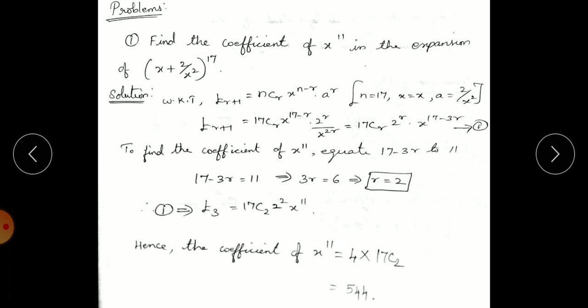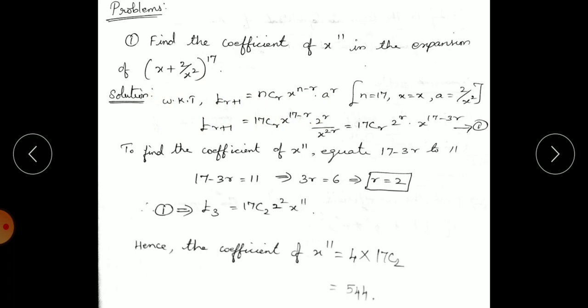Now we are going to see the problems. First problem: find the coefficient of x power 11 in the expansion of (x plus 2 by x squared) to the power 17. It is in the format of (x plus a) to the power n. We know the general term, T r plus 1 equals nCr x power n minus r into a power r.